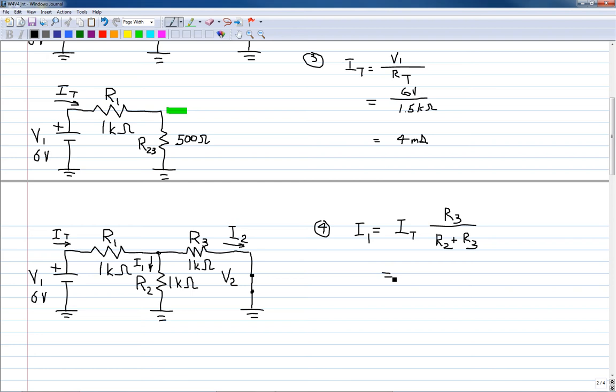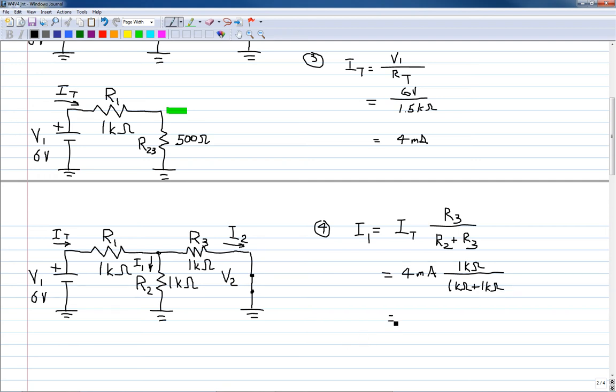Substituting the values we have, I total we just calculated was 4 milliamps. R3 is 1k ohm. R2 is 1k ohm, and R2 plus R3 is 1k ohm plus 1k ohm.